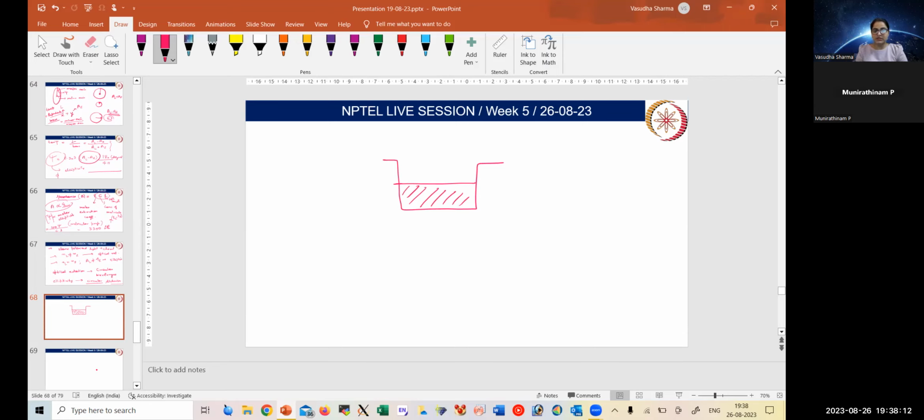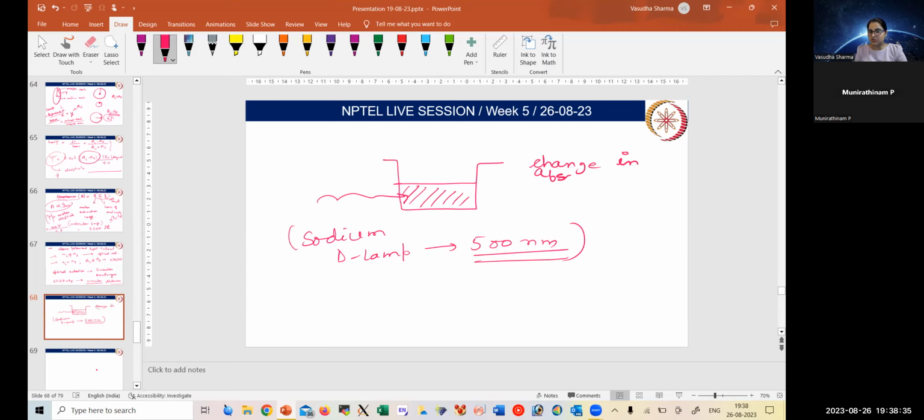But what happens when I put it into a sodium D-lamp? This sodium D-lamp gives a particular light, say for example 500 nanometer. So this light is fixed. The monochromatic source of light is coming and hitting this solution containing the sucrose. We didn't see any change in the absorbance. No color change, no UV, nothing at all.